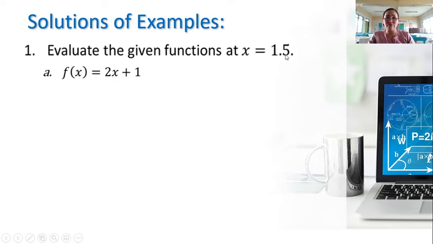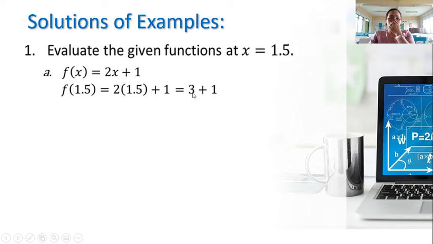Thus, this becomes f of 1.5, which is equal to 2 times 1.5 plus 1. Simplifying this, it becomes 3 plus 1, and 3 plus 1 is equal to 4. Thus, f of 1.5 is equal to 4.